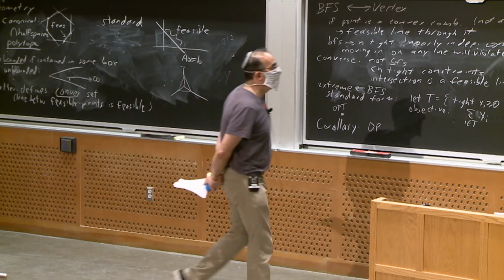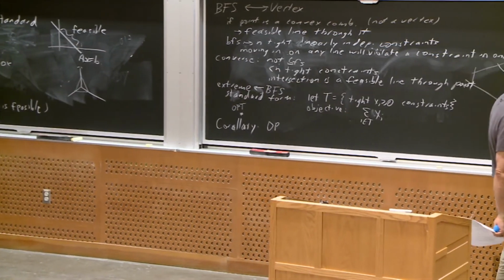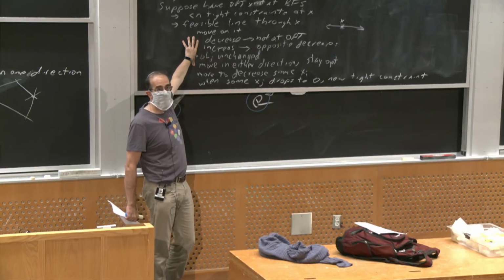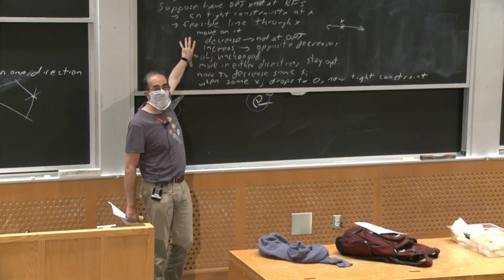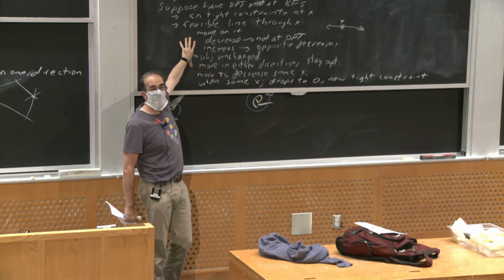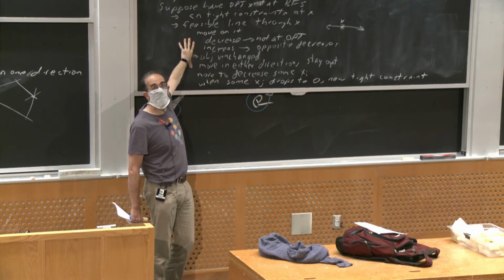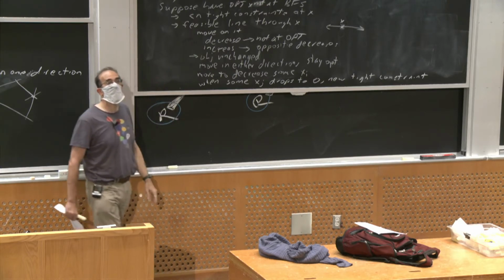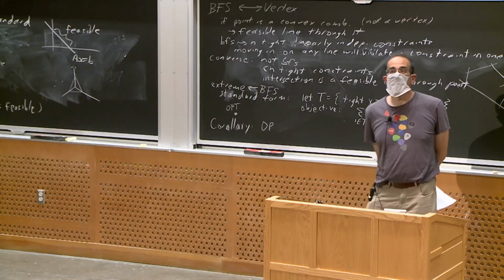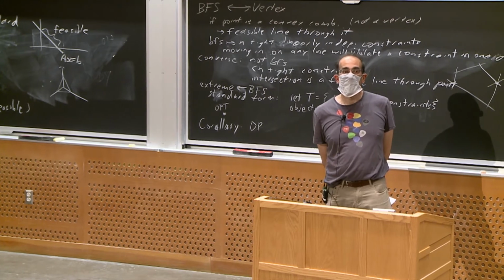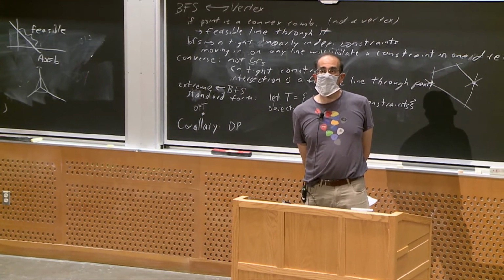Remember, what we're saying here is that there is a feasible line through x, and everywhere on that line, the objective value is the same. There are a lot of other points near x which might have different objective values, but we're only concerned with the line. Any questions about this?